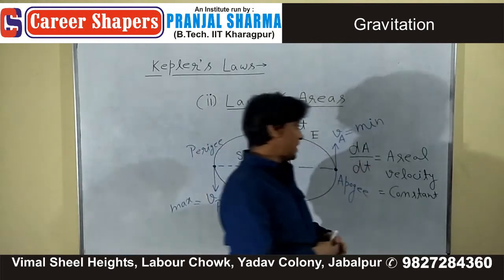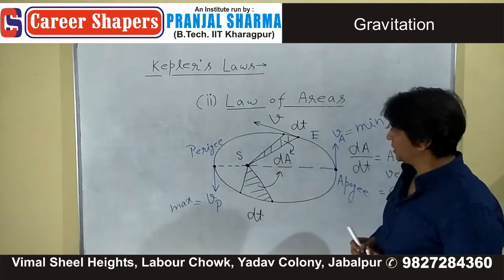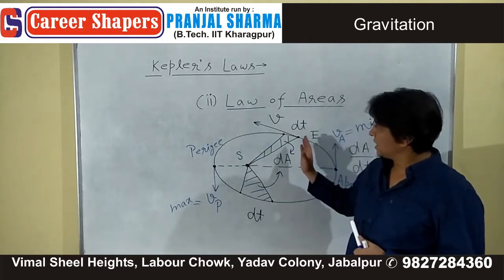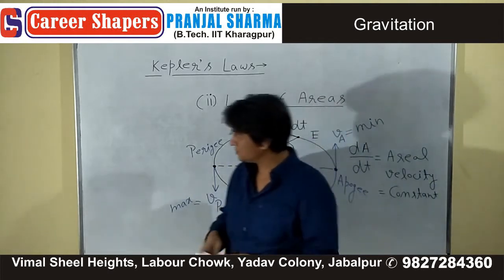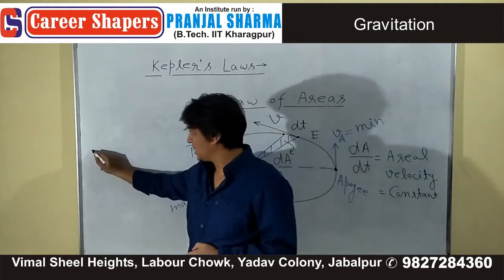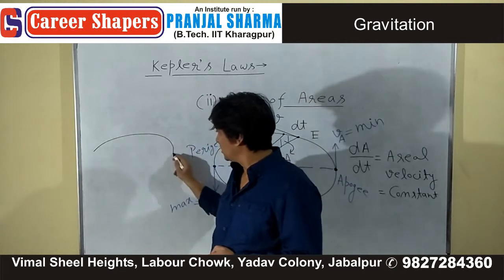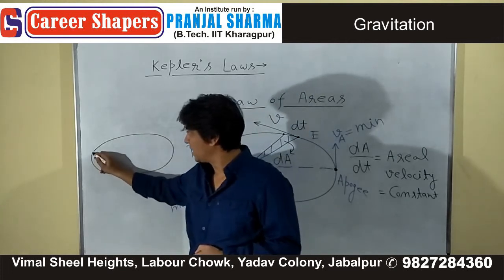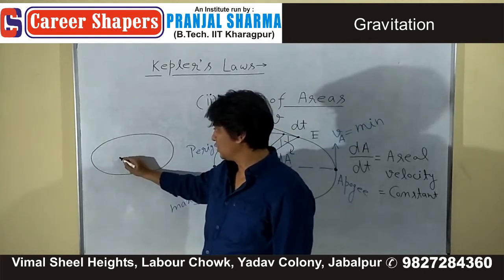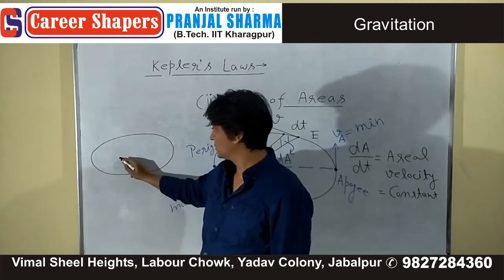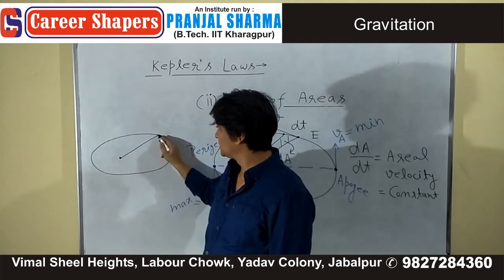Now we will find that dA by dt. Look here. In this elliptical diagram, if we find the area dA covered in dt time, then it will be something like this. This is Sun. This is some planet.